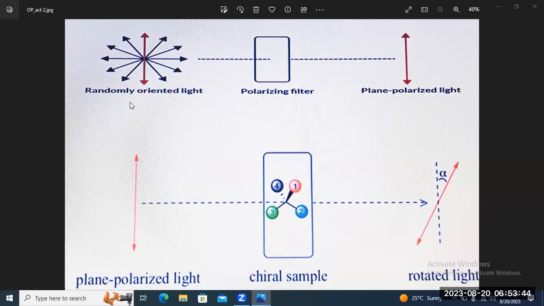Here you can see the ordinary light which is oriented in all directions. But when this light passes through a polarizing filter, it is transformed into plane polarized light.